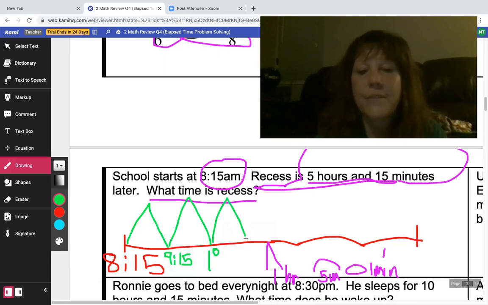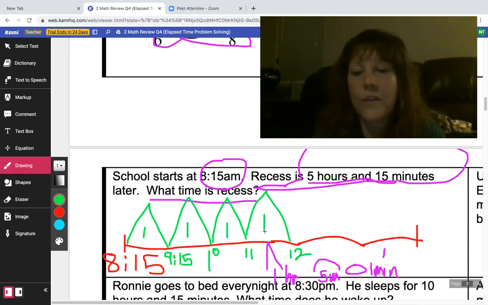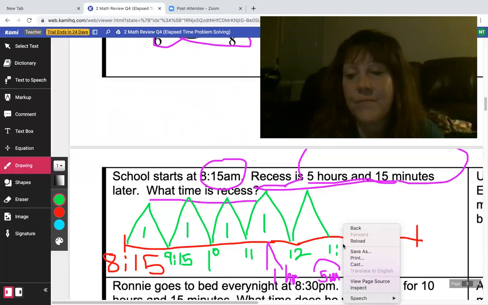Another hour, so we're at 3 hours. Now we're at 11:15. Another one, there's 12:15. How many hours do we have so far? 1, 2, 3, 4. Gotta add another hour. Now it's 1:15, and I've added my 5 hours, right?